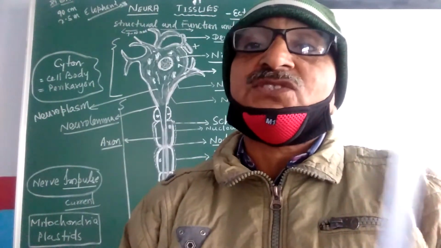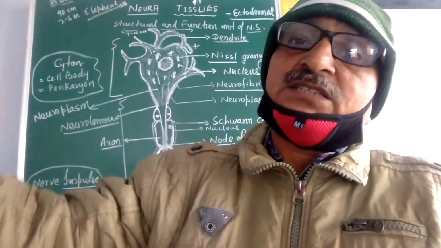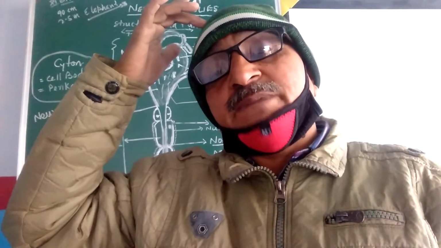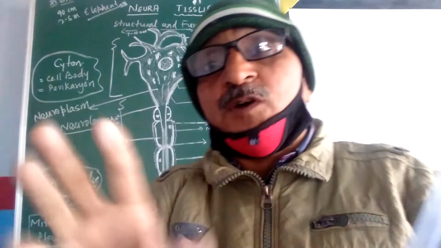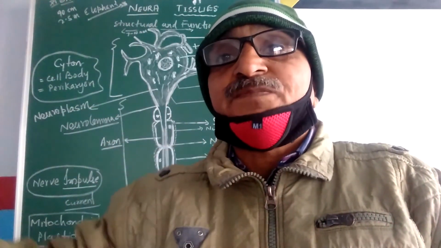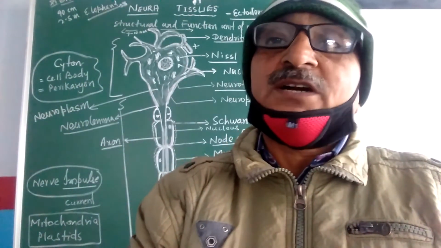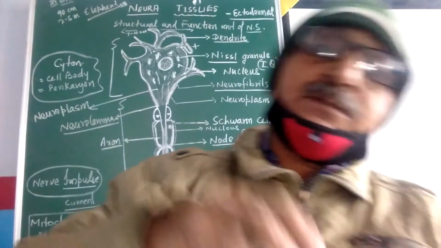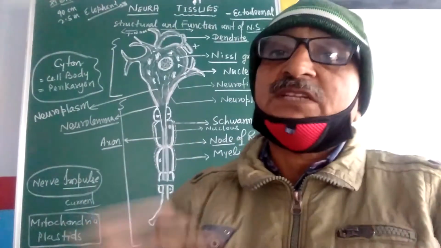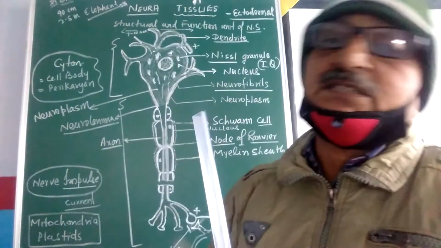Sensory neurons bring the sensation from the outer part to the central nervous system, the brain, and the motor neurons take the order of the brain and carry this information in the form of nerve impulse to the different part of the body where the function is going to occur. The mixed neuron can interpret the information, and it works like both, an intermediary type. So in this way there are three types.